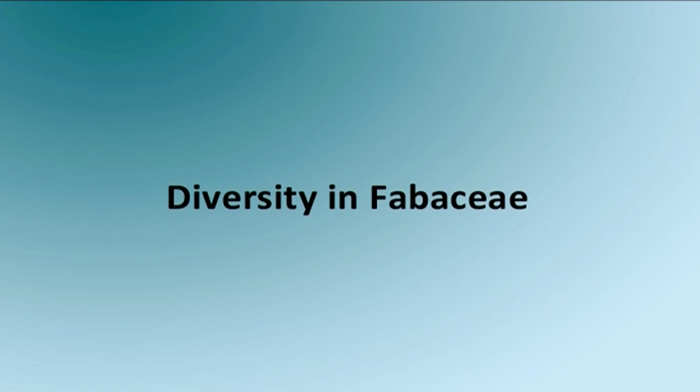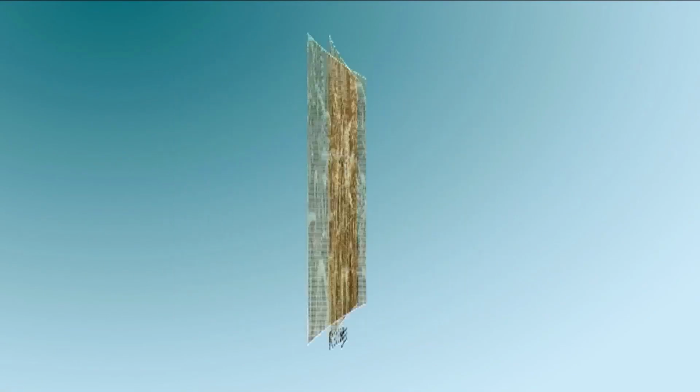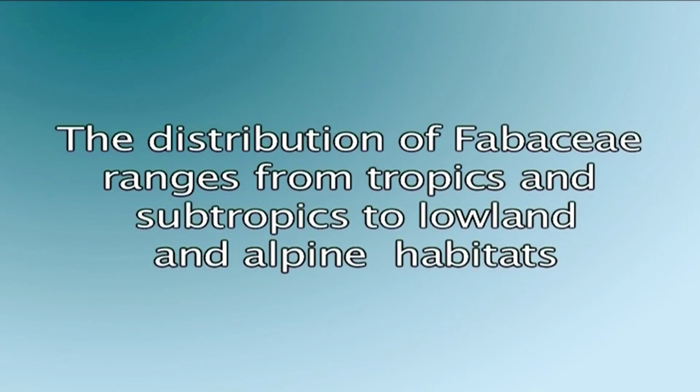Now, diversity in Fabaceae. Fabaceae is incredibly diverse. This confounds generalization about almost every attribute. The overall range of variation in this family is higher than in Asteraceae and Orchidaceae as well as in grasses. The distribution of this family ranges from tropics and subtropics to lowland and alpine habitats. Aquatic species are also known in this family.